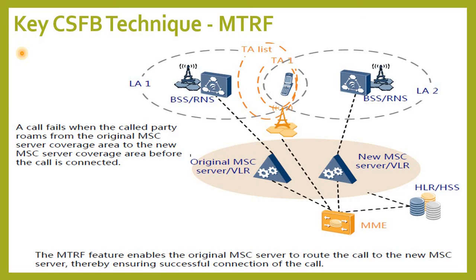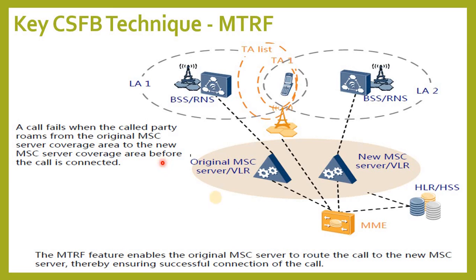Now let's have a look at some of the key techniques that are used in the CSFB mechanism. One technique is called the MTRF. The MTRF is basically a technique which enables increasing the call completion rate. Why is this used?